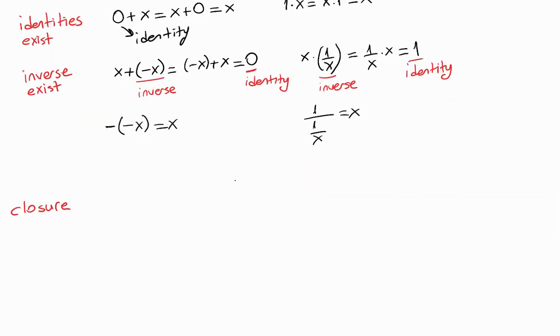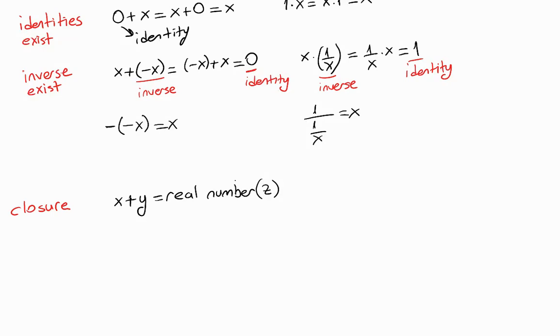And closure rule. So when you add two real numbers, you will get a real number. Let's say z.